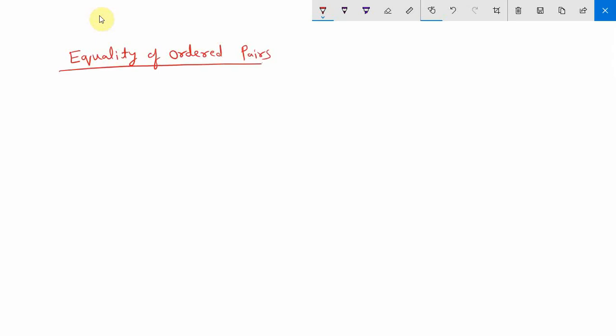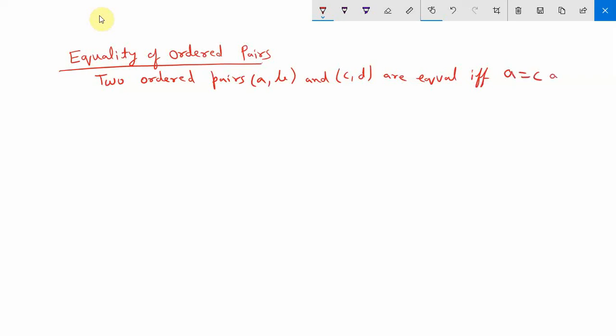Two ordered pairs are equal if, or we may consider two ordered pairs (a, b) and (c, d), okay, are equal if a equal to c and b equal to d.